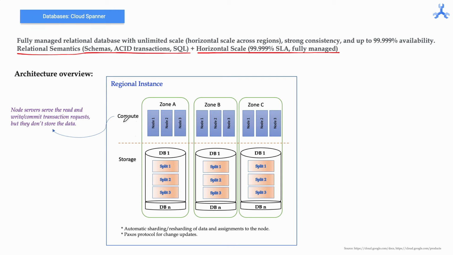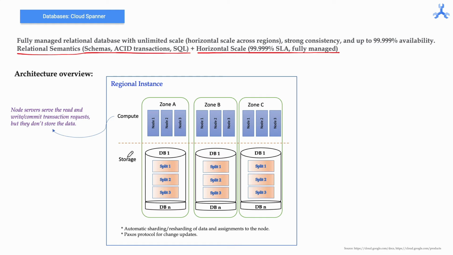So in this example, compute, which is the node server, each one of these nodes are replicated across 3 zones, and this is a regional instance. So node 1, node 2, node 3. Now these nodes, they only serve the read and write or commit transaction requests. They do not store the data.